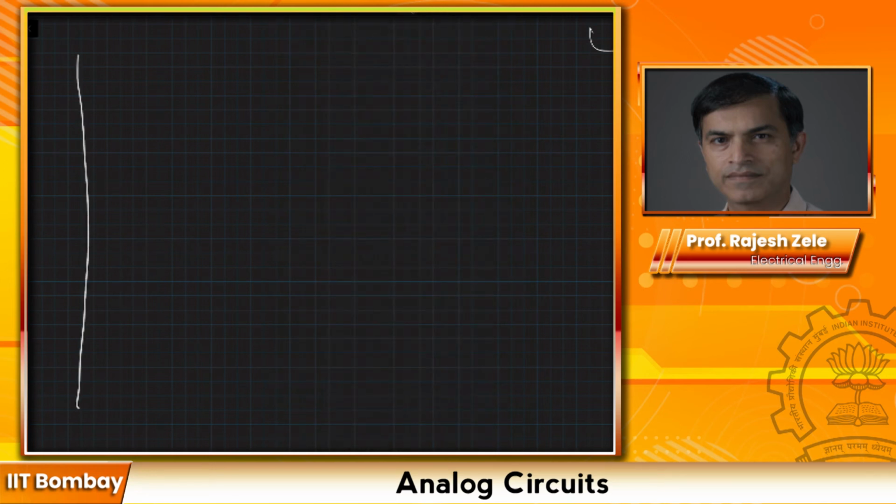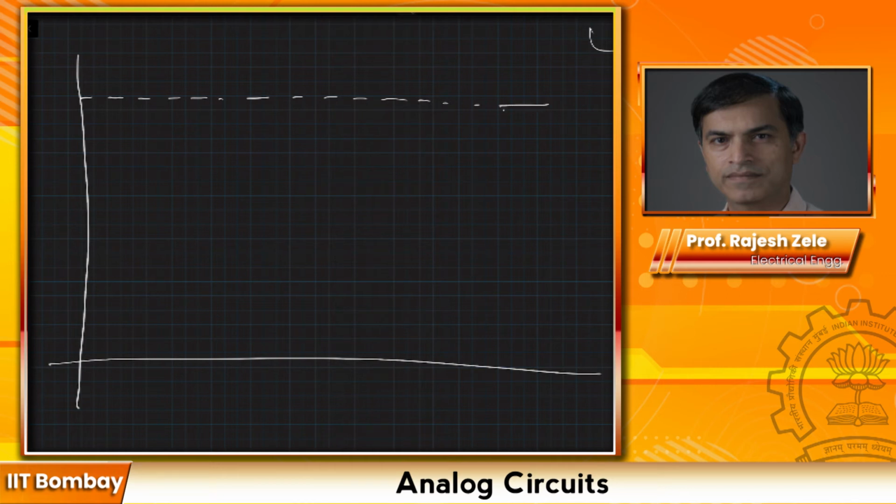This is 20 log A, and this is your F log scale. And if we have first pole, which is FP1, then from that point onwards we will start dropping, and the yellow characteristics happens. Something like this. And this is going to be our F unity gain frequency.